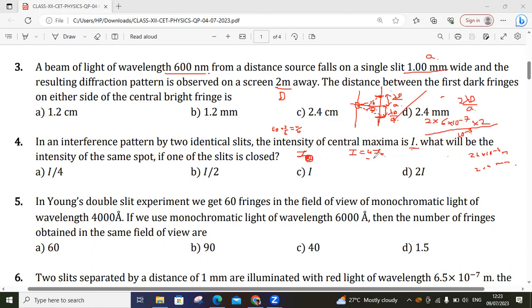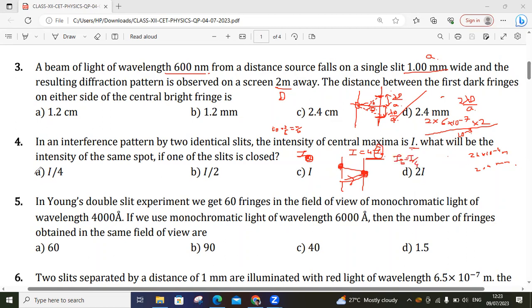Initially it was 4 I naught. I naught was coming from one slit, and I naught was coming from the other slit also. They combined to become 4 I naught, by constructive interference. But now a slit is closed, so only I naught will come. And I naught is equal to I by 4.